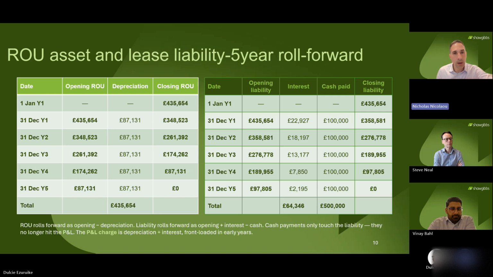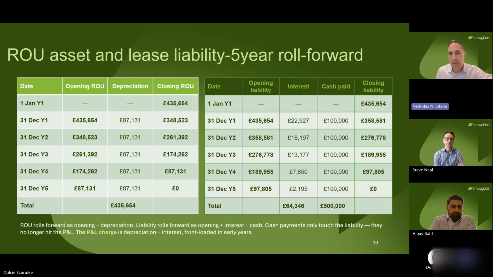And this is what it will look like on your balance sheet. At the first point, you recognize both assets, and then equally over those 5 years, you depreciate it until it depreciates down to 0 by year 5.